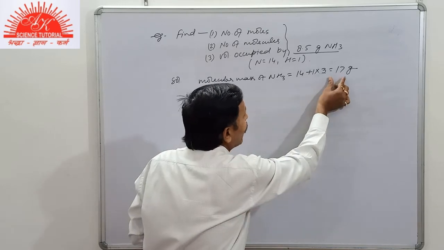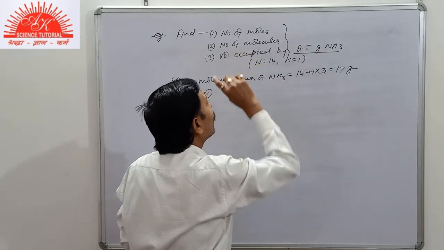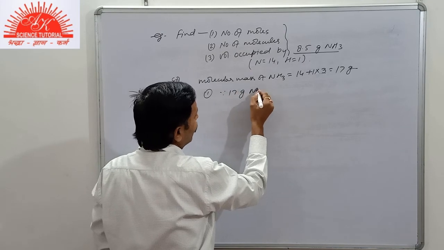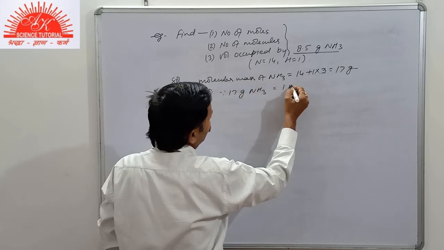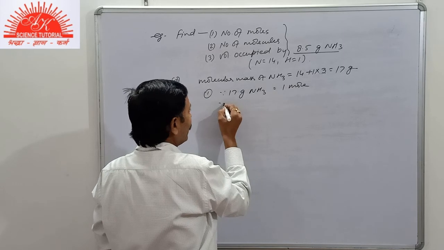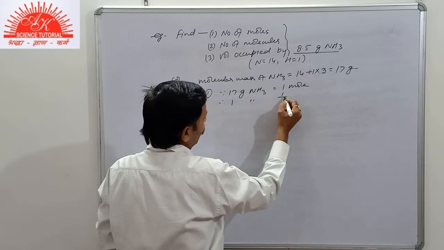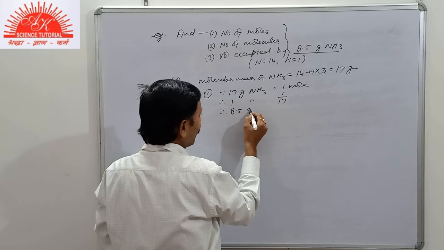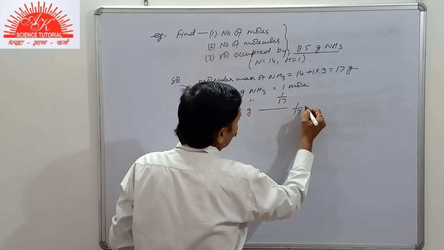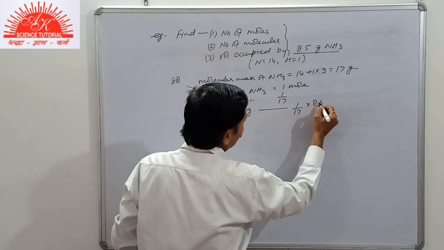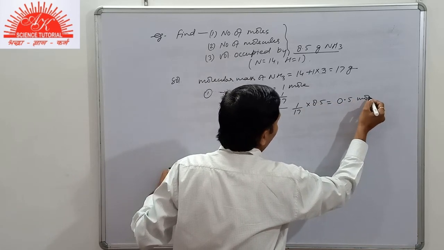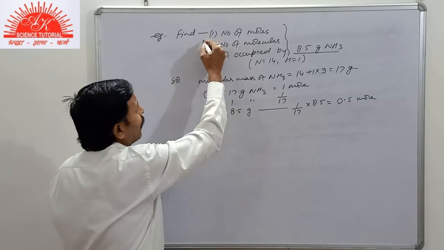Means this much gram of ammonia will be 1 mole. So write in unitary method: 17 gram ammonia is equal to 1 mole. Then 1 gram ammonia is 1 by 17, and 8.5 gram ammonia will have 1 by 17 into 8.5, that is 0.5 mole. So the first part is solved here.